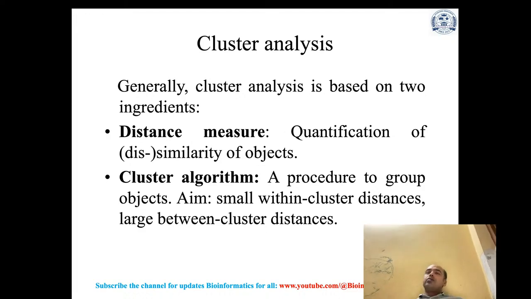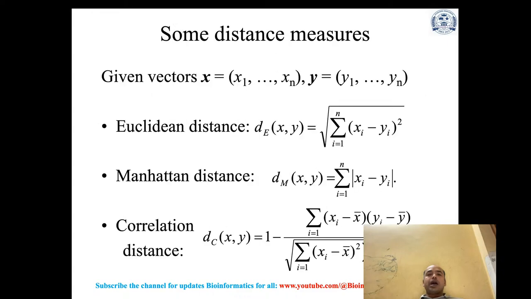There are several algorithms which I have discussed in the data science tutorial, and you can also have a look at the details of the algorithms and different types of clustering. Some of the distance measures are Euclidean distance, Manhattan distance, and correlation distance. Depending on your data, you can choose the type of distance which you want to calculate.